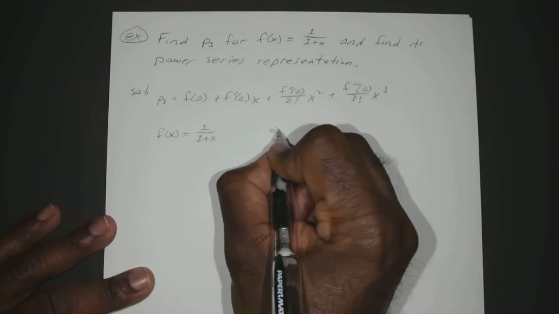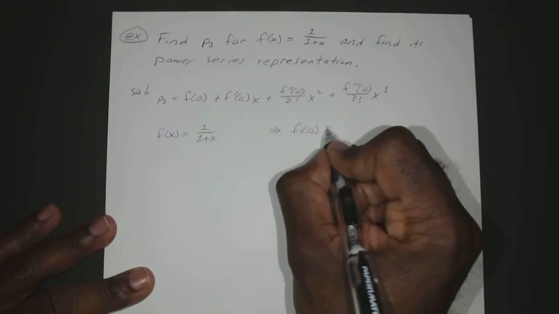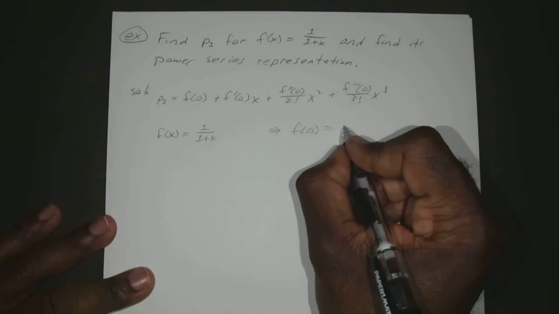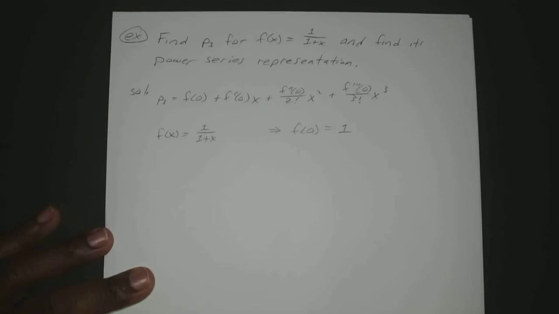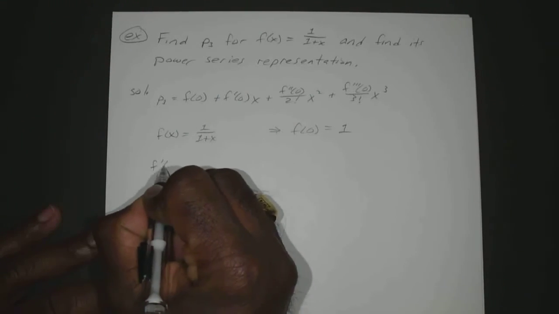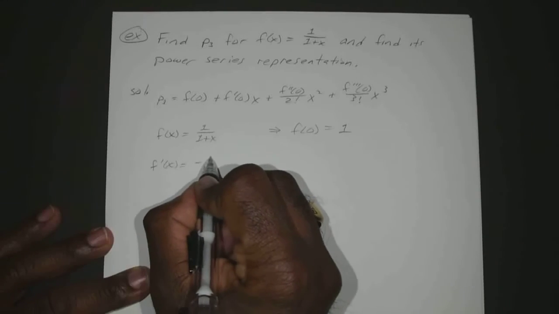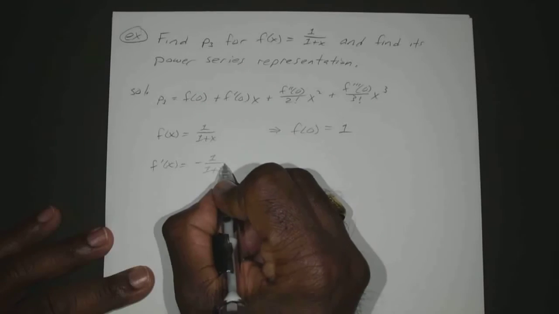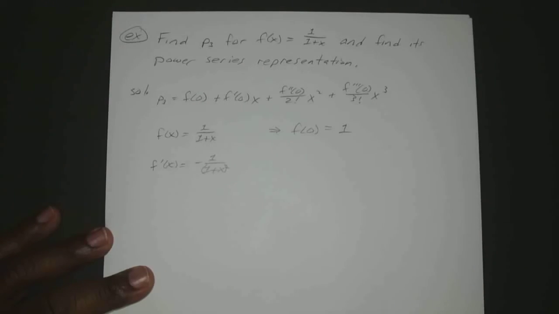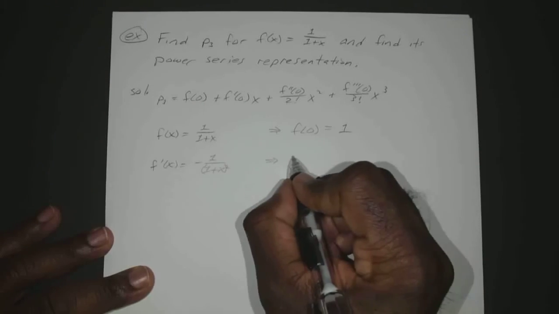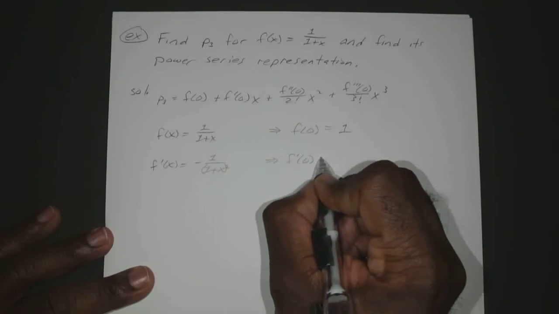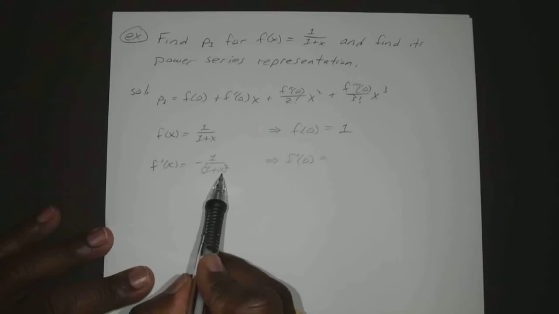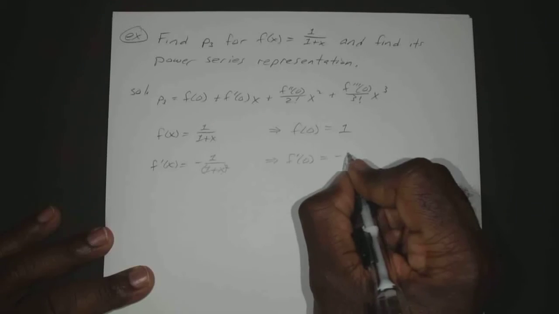So that means our f of 0 is 1 over 1 plus 0, which is 1. Our f prime of x is equal to negative 1 over 1 plus x, that whole thing squared. That means our f prime of 0 is negative 1.